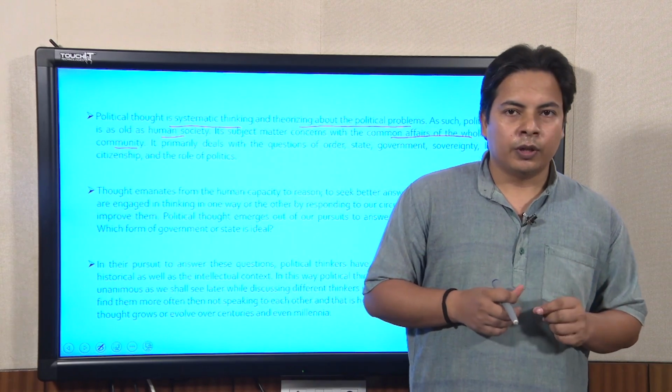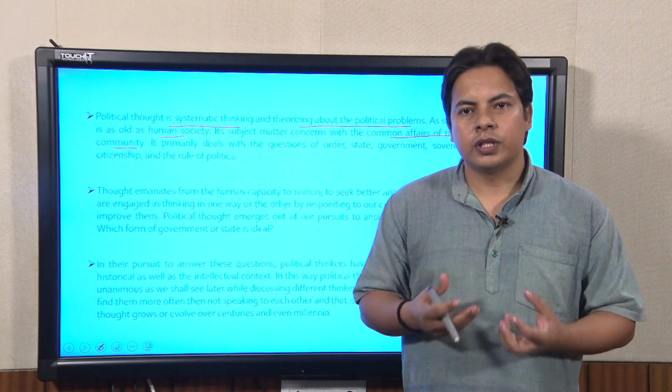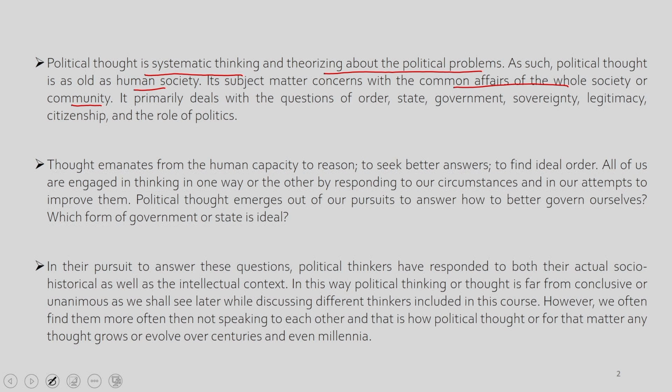The subject matter or the concern of political thought is those issues, those problems which concern the common affairs of the whole community. For instance, when we discuss how to maintain order in the society, and you can think of order as opposite to chaos or anarchy.